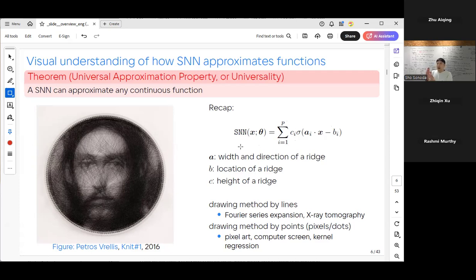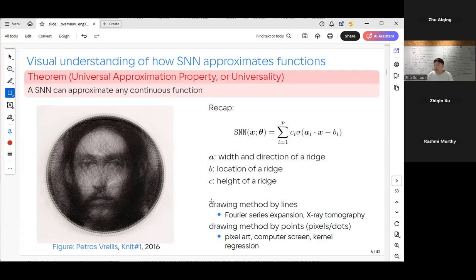So we align many ridges on two-dimensional space. By controlling the direction A, location B, and height C of the ridges, a neural network can approximate an arbitrary two-dimensional signal. This is the mechanism.